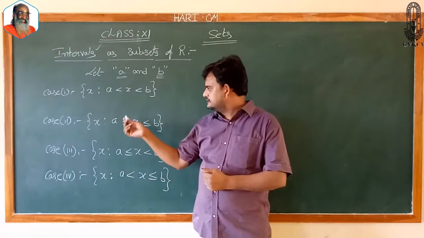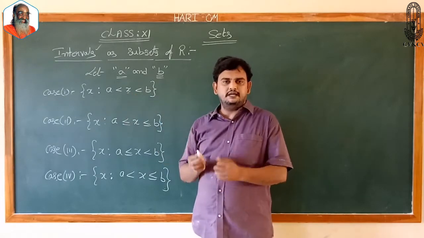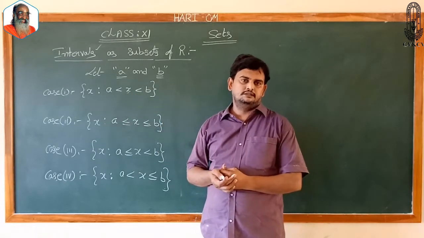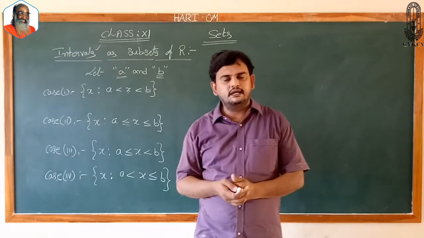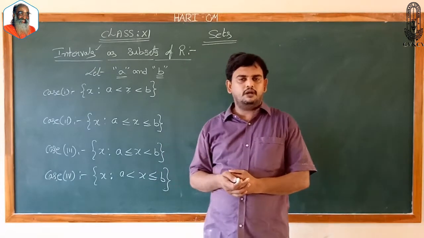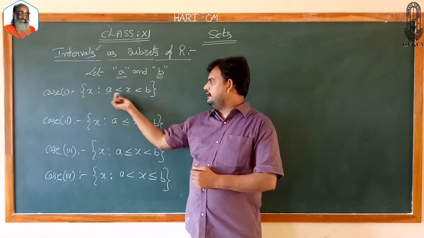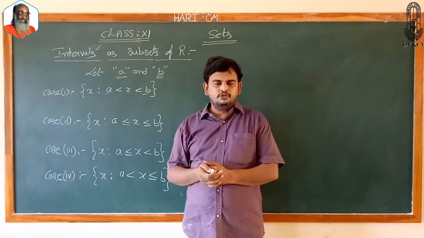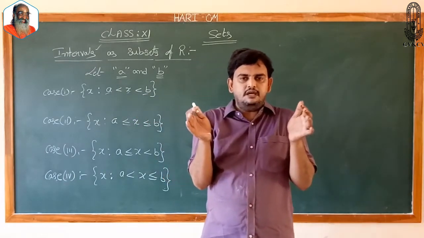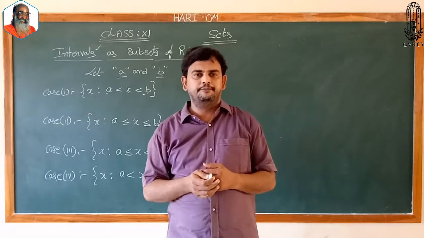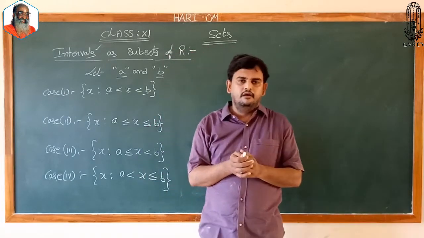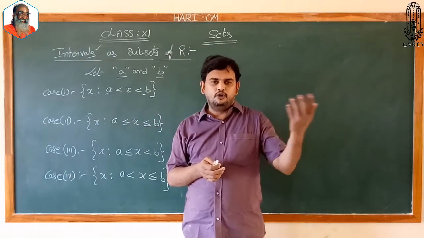Interval in the sense, x has certain boundaries. What are the boundaries we have? A and B. So x is between A and B. As I told you earlier, for our lunch break, whenever you want, you can't go and eat.